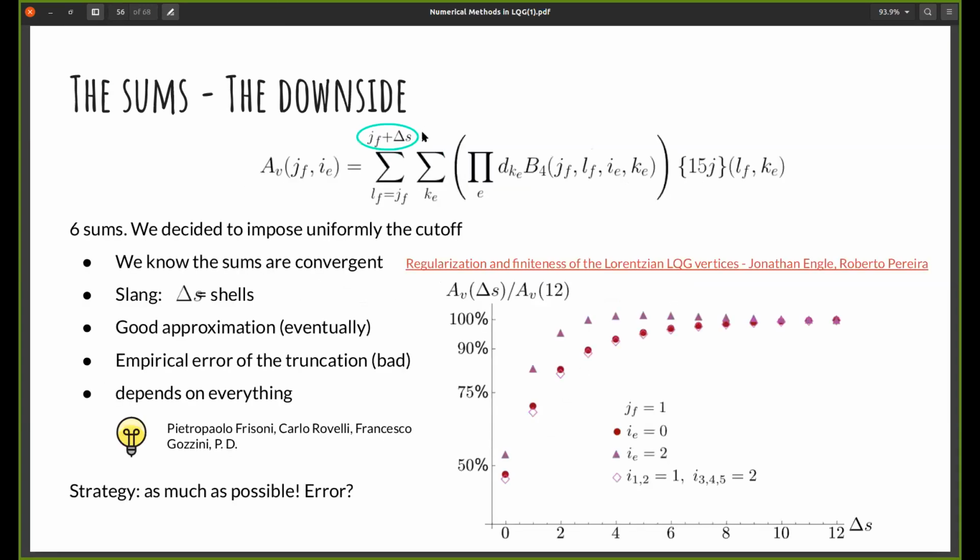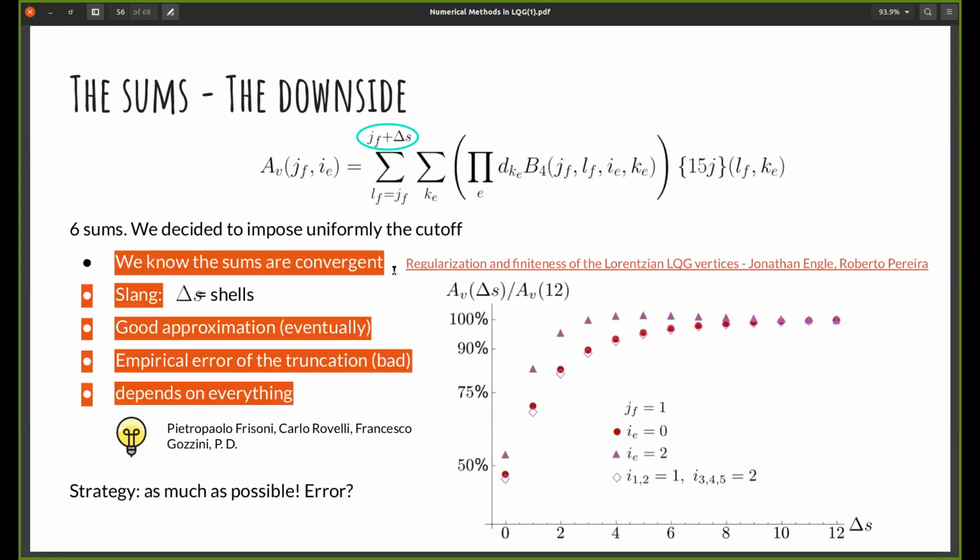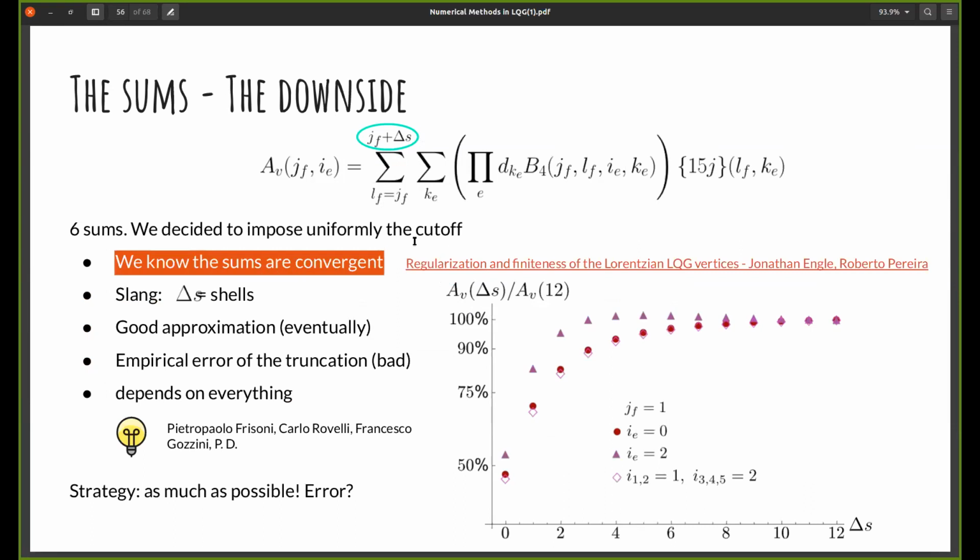Now you can ask, well, okay, is this a good approximation? Yes, because we know these sums are convergent, because we know that the vertex amplitude is well defined. People have proved it analytically independently. So we know that this expression at the end is convergent.